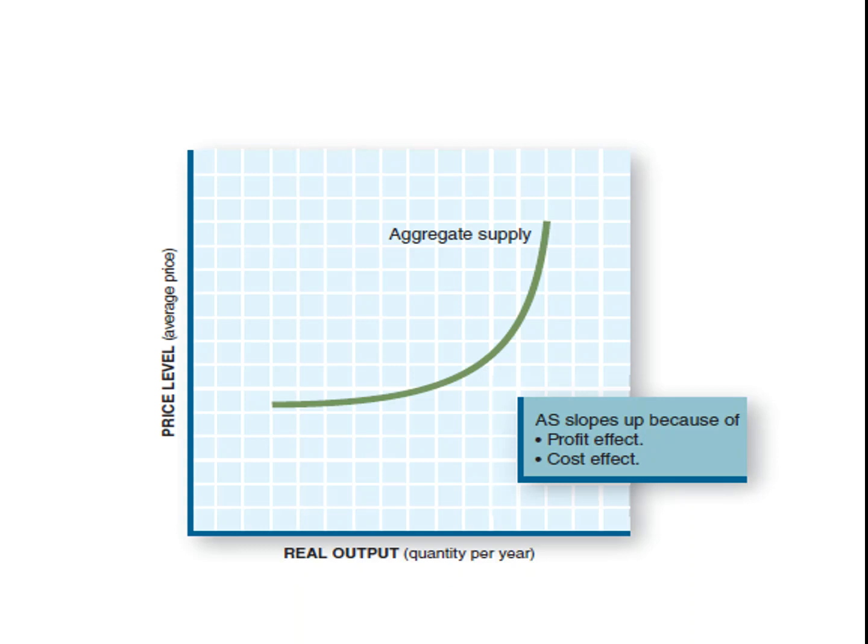Why do I mention this scenario? Because it will help you understand the profit effect. The profit effect is when the cost does not change while the price level changes in the short term, such as with the plastics I mentioned. When the price level goes up, which means the plastics price goes up, they have a futures contract with their feedstock, so the feedstock's price will not rise instantly as the price level goes up.